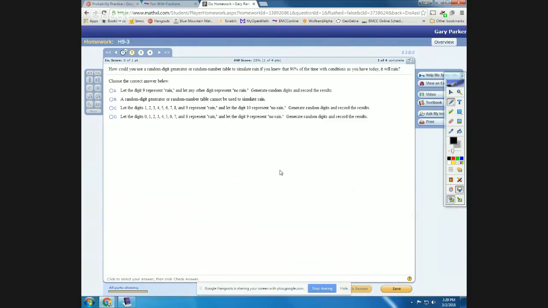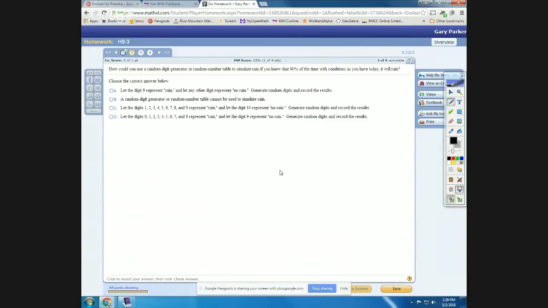Okay, so if you knew there's a 90% chance of rain, simulate rain if you knew 90% of the time conditions, as you have today, it will rain. So with a random number table, you just have a bunch of digits.